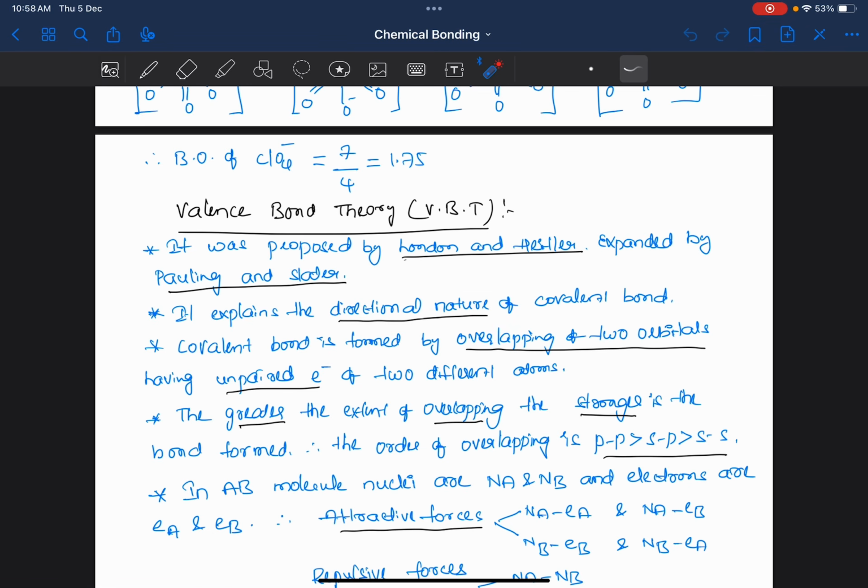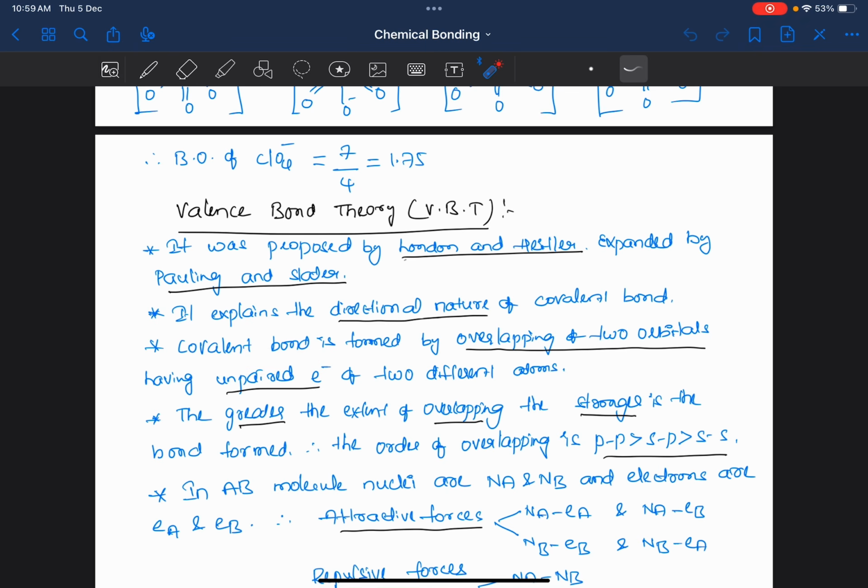According to this theory, a covalent bond is formed by the overlapping of two orbitals having unpaired electrons of two different atoms. When two atoms contain unpaired electrons in their valence shell, those atomic orbitals overlap with each other, and by this overlapping a covalent bond is formed.